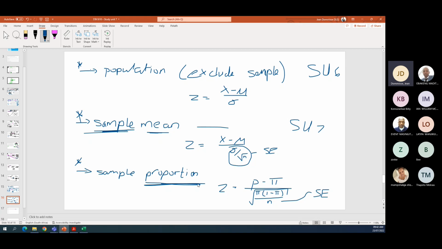And then the extra one that they can include is to work out the standard error of a sample mean, or the standard error of a sample proportion. Obviously, they can include some definitions as well, but else that is what can be asked in the study unit.